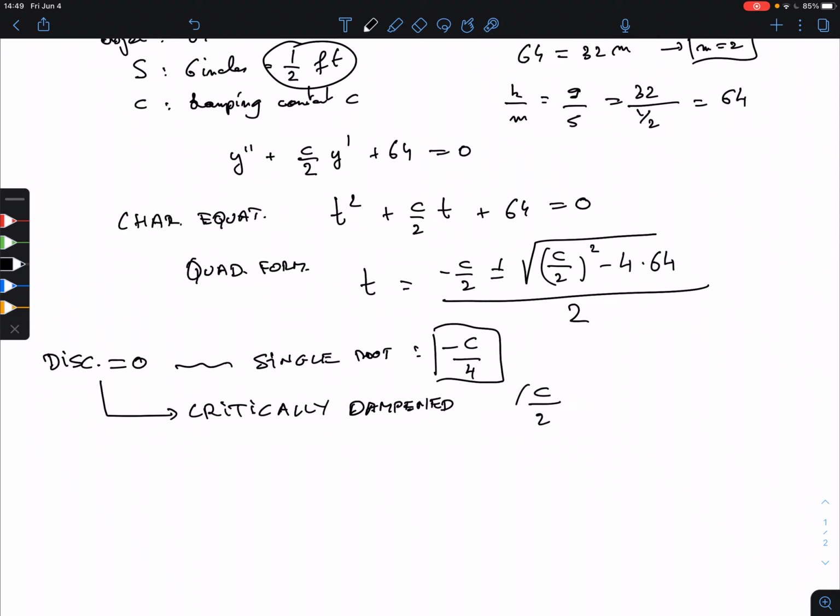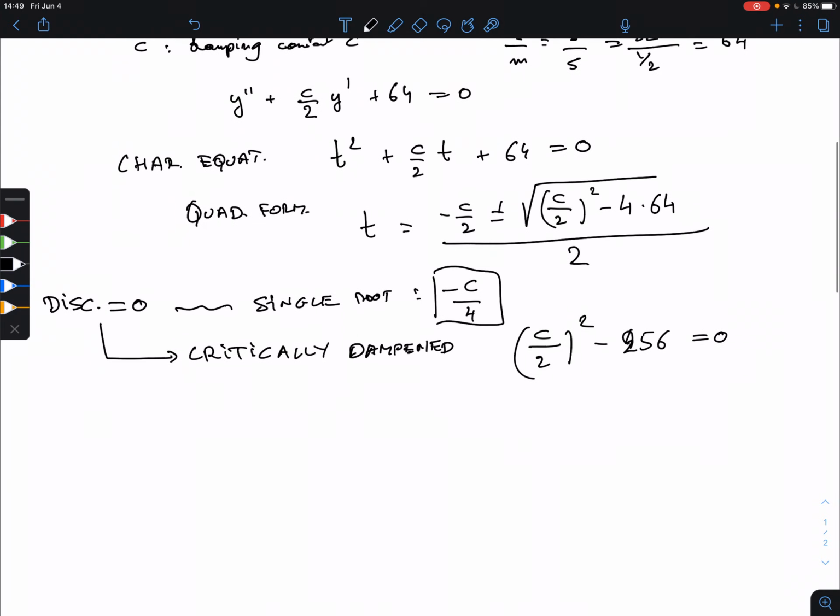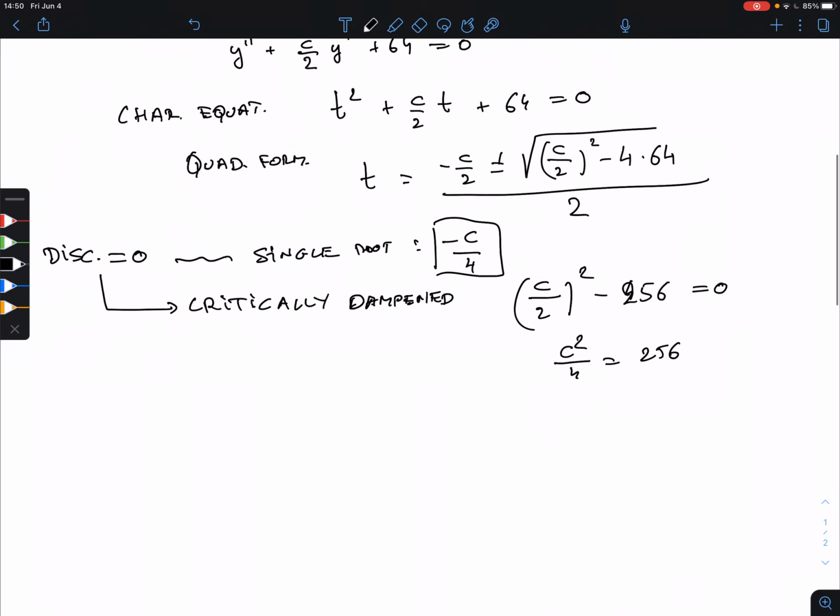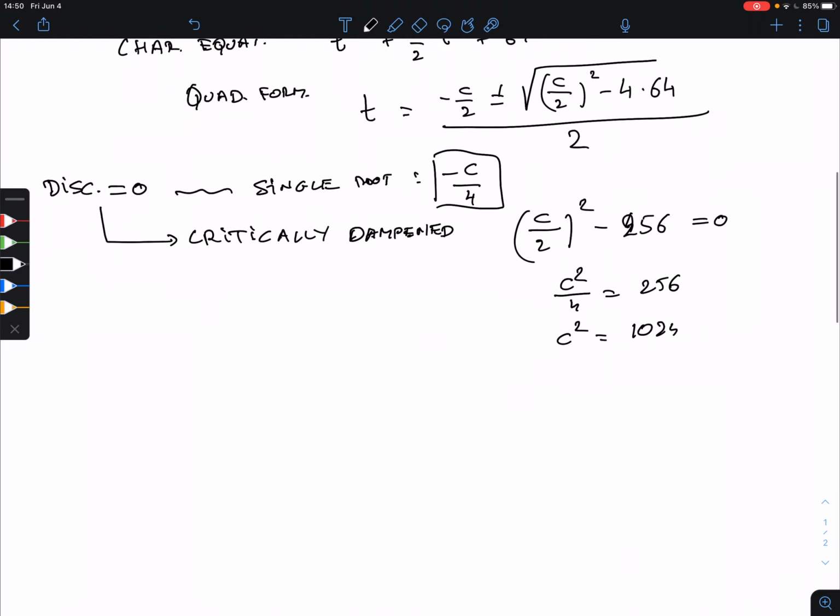When is this? So c squared minus 4 times 64, that is 256, right? Equals 0. So we get c squared over 4 is 256. So c squared is 1024, sorry. And so c is 32.